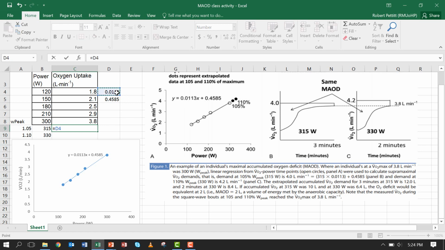I'm going to plug that in times x, which is my known wattage, plus my b, right? And then I want to lock in those two variables. I'll do that real quick here for you.